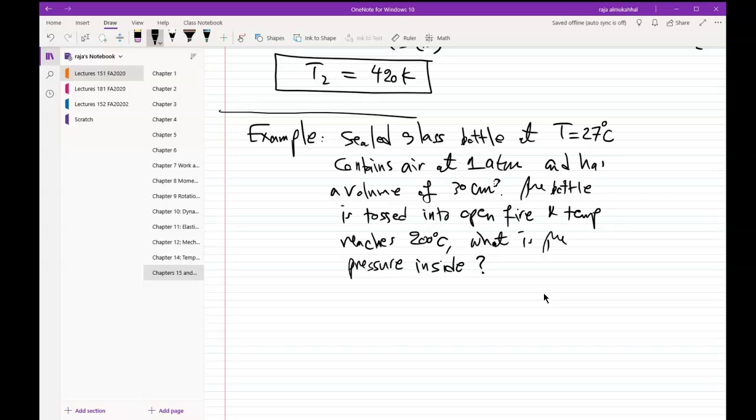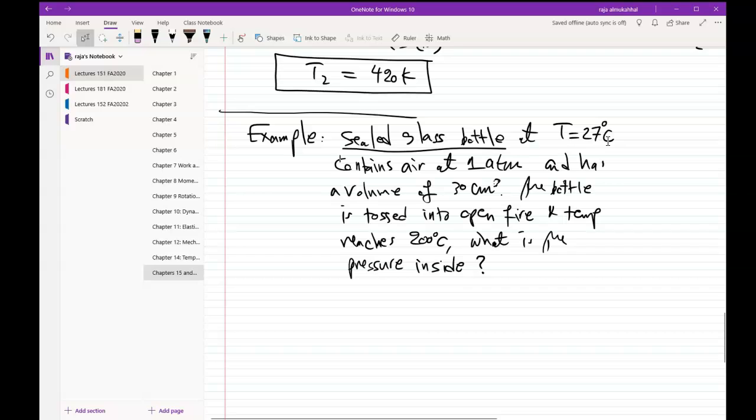Okay, so what makes it a little bit different from the previous problem? What makes it different is that the volume here of the bottle didn't change. See, it says a sealed glass bottle, which means this bottle's volume is not changing at all. Initially it has air at 27 degrees, which is basically room temperature.